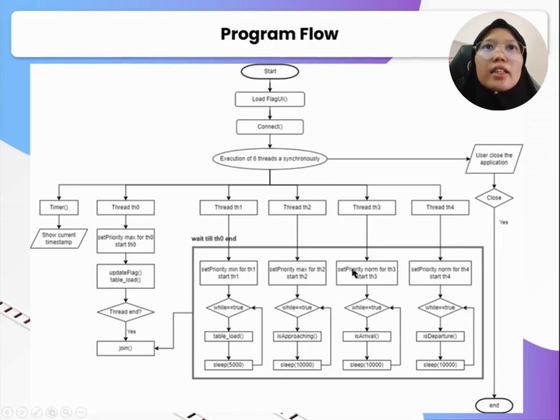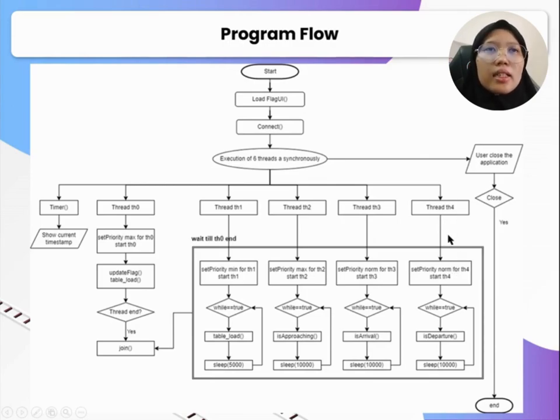Next, thread TH3: set priority norm for TH3, then start TH3. While the loop is true, it will call the isArrival function, sleep 10 seconds and loop back. The isArrival function updates the flag from approaching to arrival.